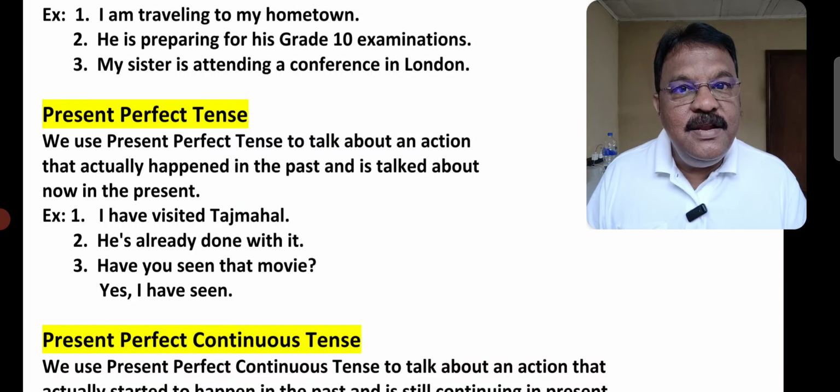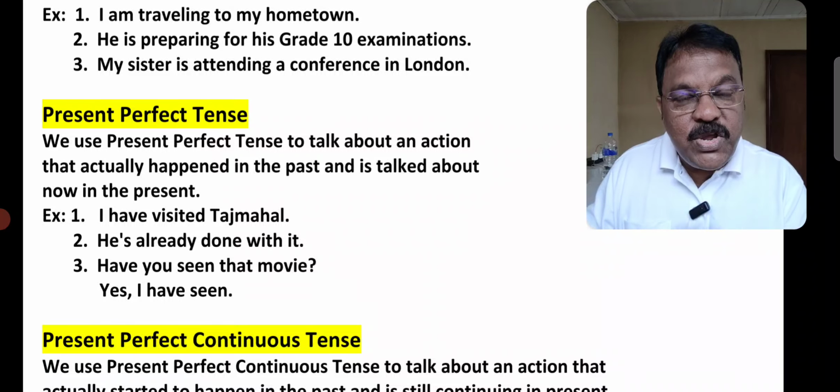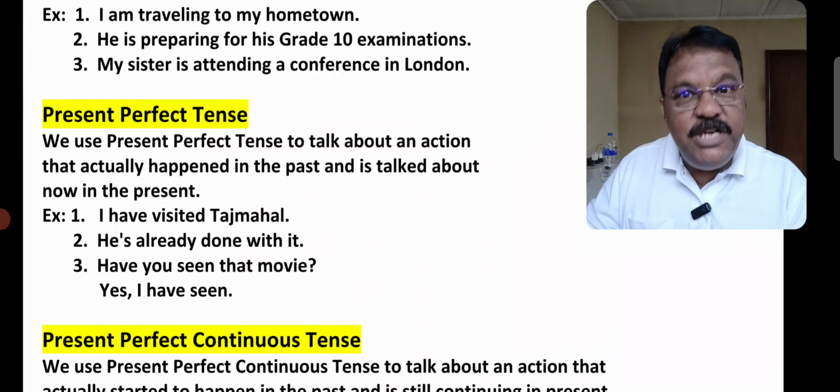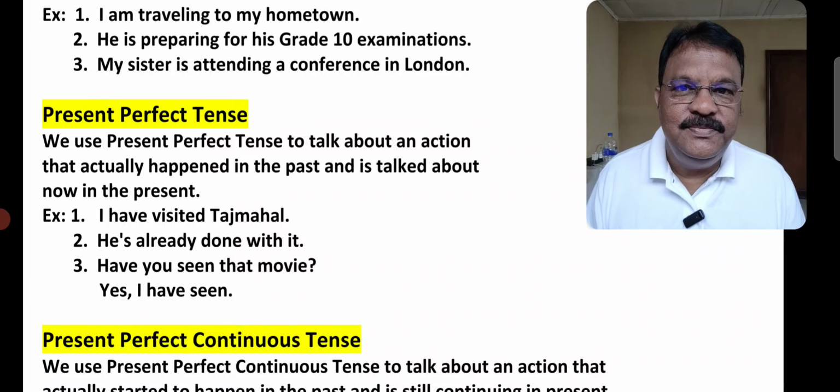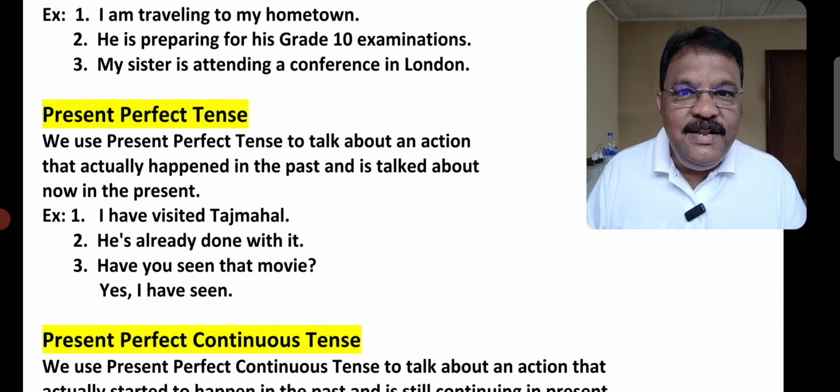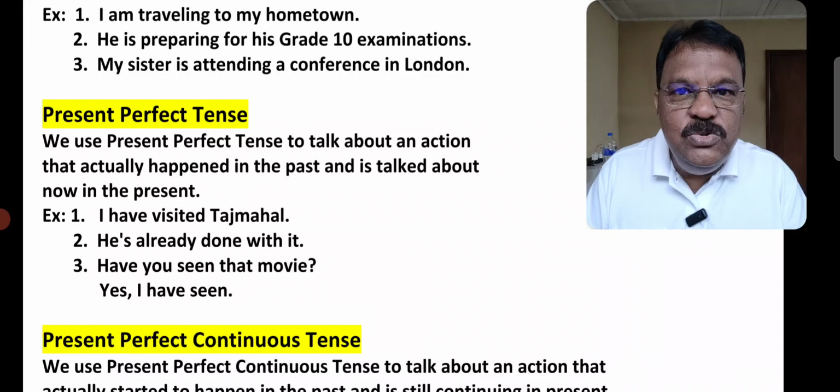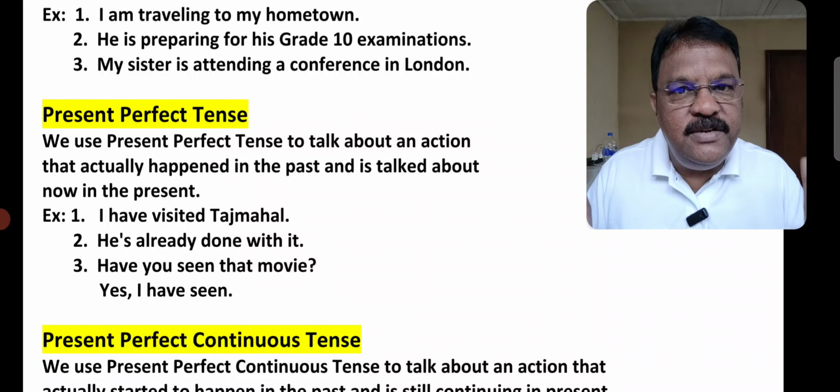We use present perfect tense to talk about an action that actually happened in the past, but we are talking about that action which happened in the past now. In that situation, we use present perfect tense.